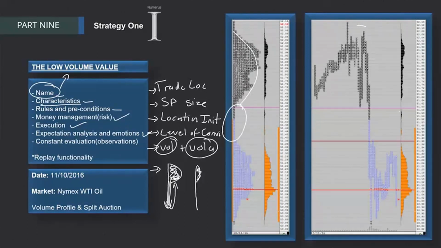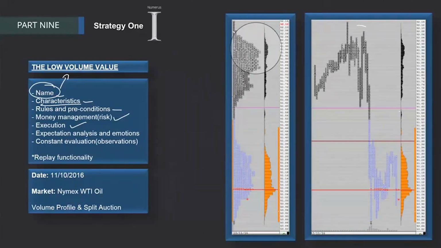Then it's important to understand the rules and preconditions that we would like to see before taking this play. Now, I'm going to go through them very briefly on the chart, but first and foremost, we want to see single prints or a low volume area. We want to see volatility plus volume, and thirdly, at least 100% expansion.